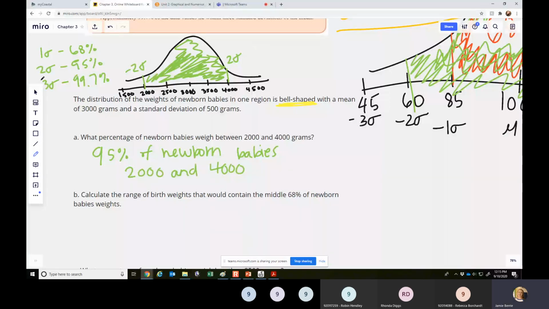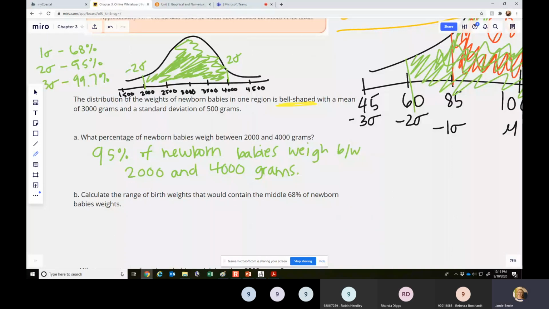Of course, on the quiz it's going to be multiple choice, so you won't have to write any sentences. All right, so 95% of newborn babies weigh between 2,000 and 4,000 grams.